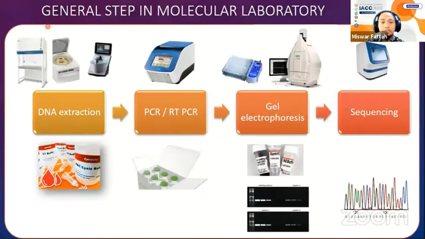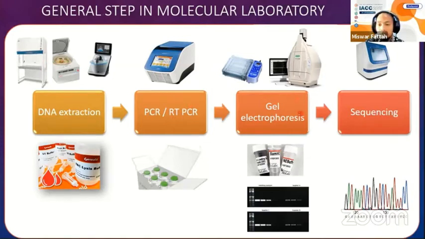If we look at the general steps in Indonesia, not only for SARS-CoV-2, we start from DNA extraction and PCR, real-time PCR, and gel electrophoresis and sequencing. If we are using real-time PCR, mostly for diagnostic tools, we only do DNA extraction and real-time PCR.